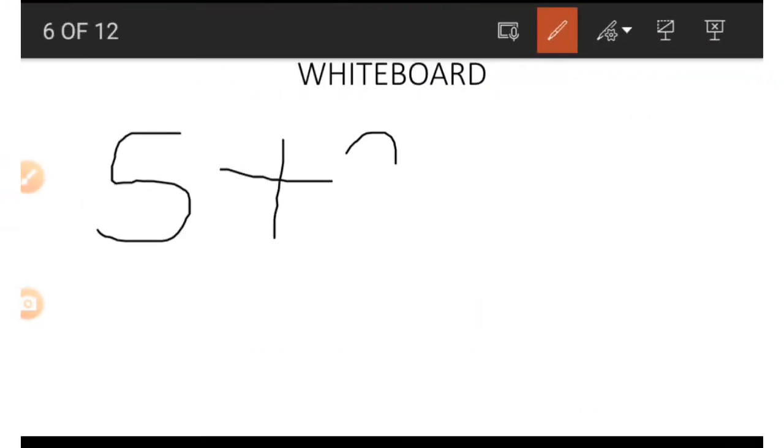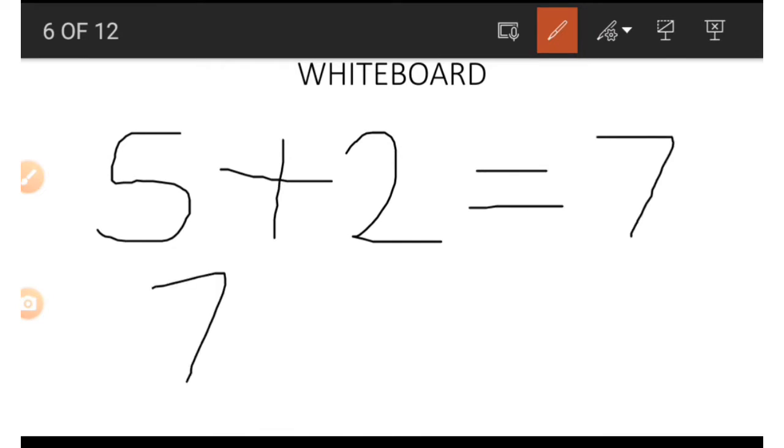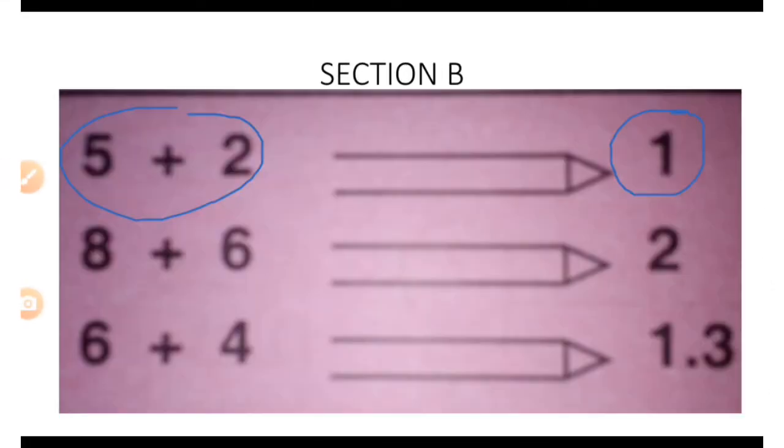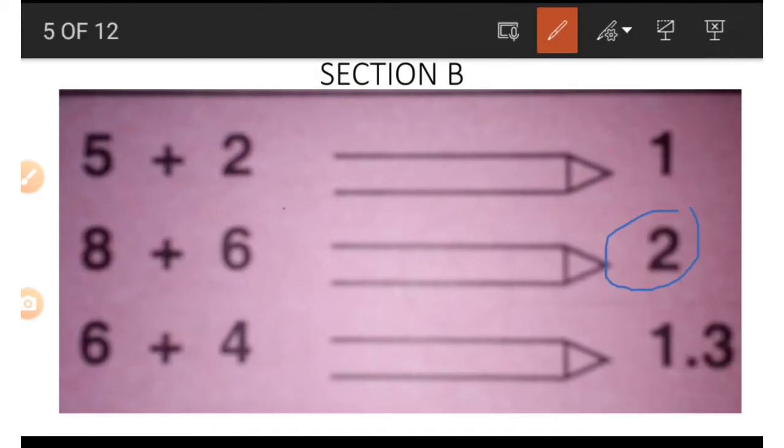Now, let's begin. 5 plus 2 is a 7. Then, when you divide this 7 by the imaginary 7, you get a 1. See? So that is how we got the 1. Let's look at 2. Right?